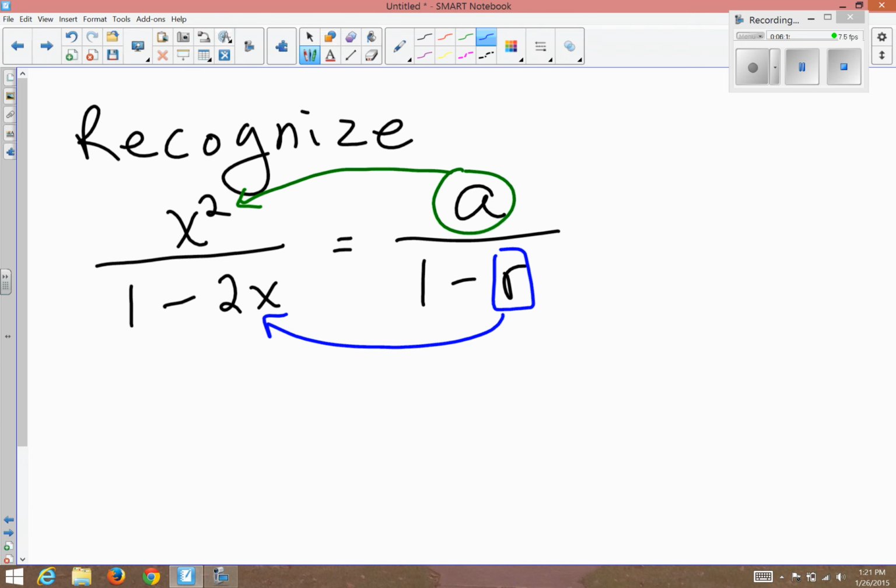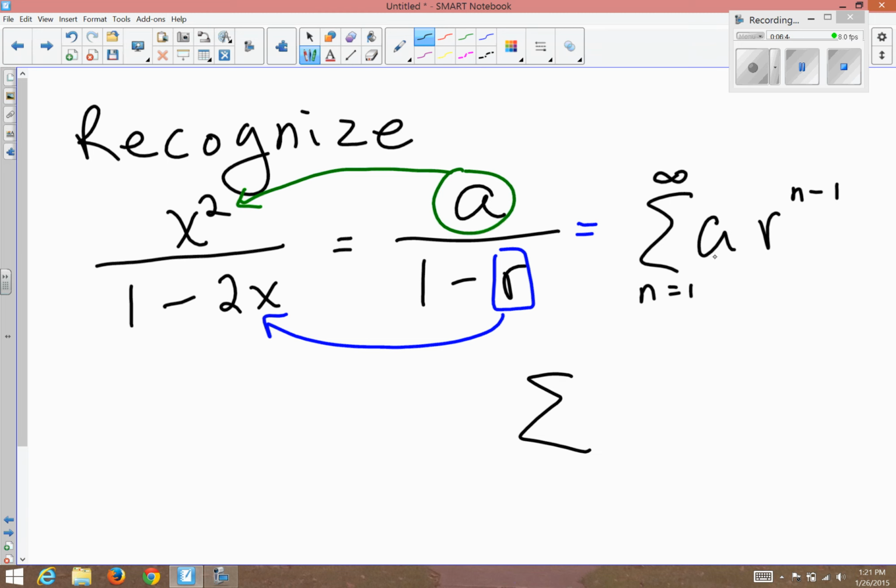And from pre-calculus, you know a over 1 minus r is the sum of a times r to the n minus 1, where n does start at 1 and go to infinity. This actually is in pre-calculus. So we can get the answer by saying right here where it says a, I'm going to put x squared.